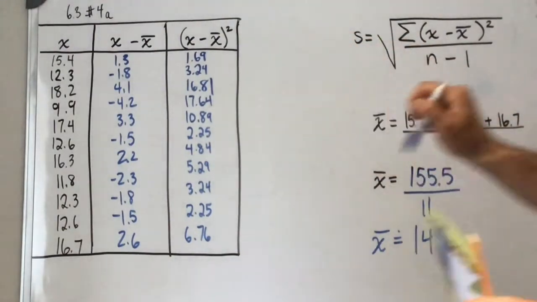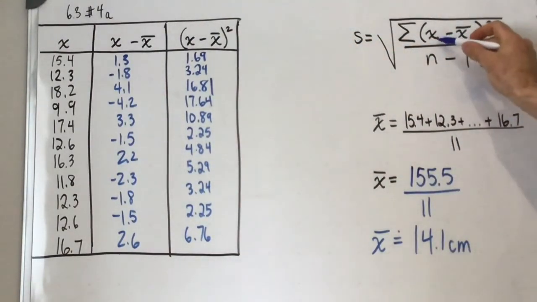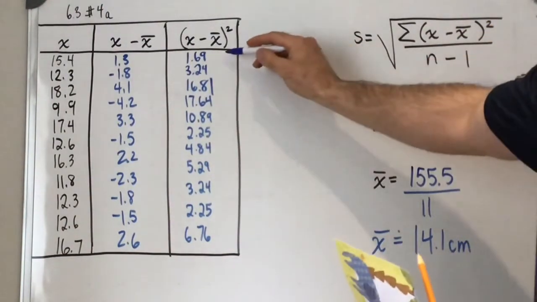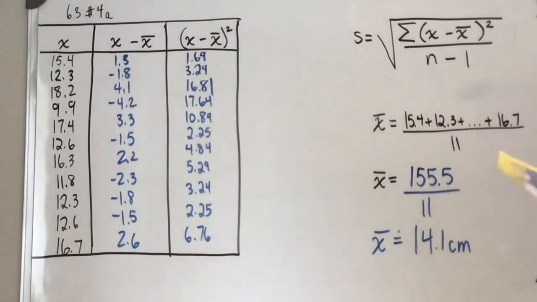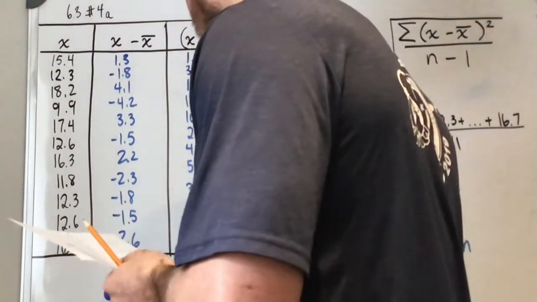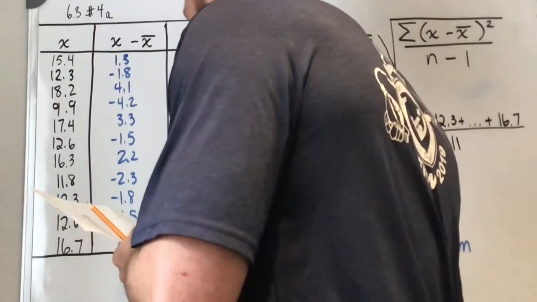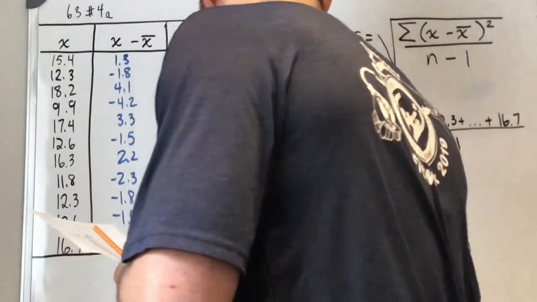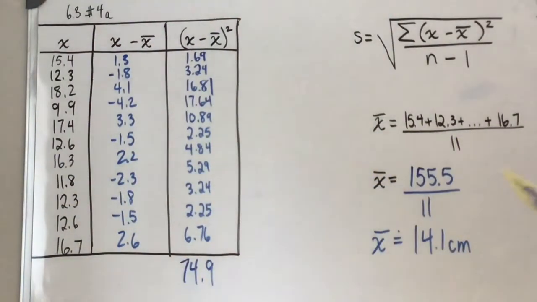Okay, so the next part in our formula: we started off with x minus x bar, then we squared it. The next thing we need to do is add up that total. If I add up everything in this third column here, we get 74.9. Okay, we're almost there. Now that we have this portion, the sum of x minus x bar squared, we're going to divide by n minus 1 and take the square root.